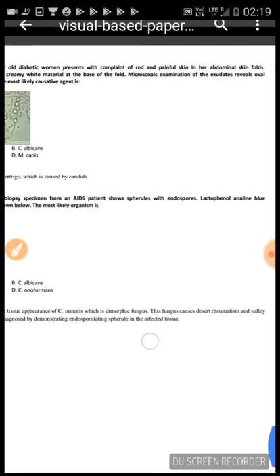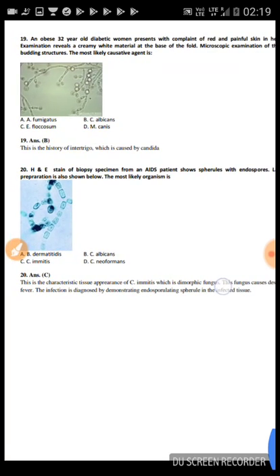H and E stain of a biopsy specimen from an AIDS patient shows spherules with endospores. Lactophenol aniline blue preparation is shown below. The most likely organism is a somewhat rare type of question, but just remember, if it comes, we will make it right.